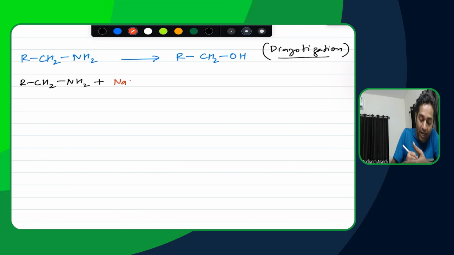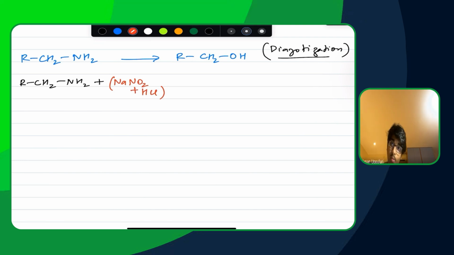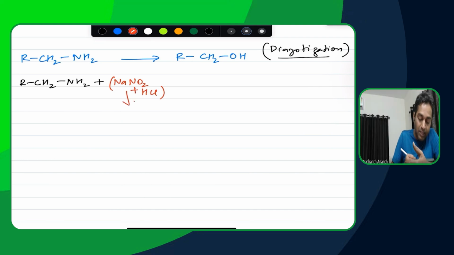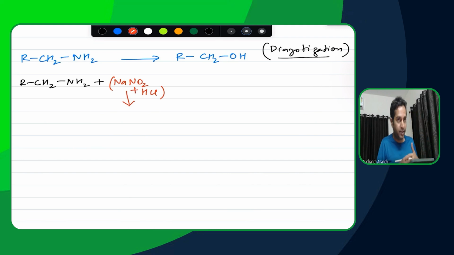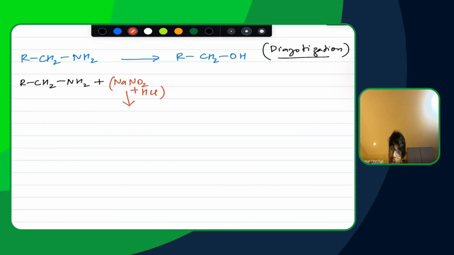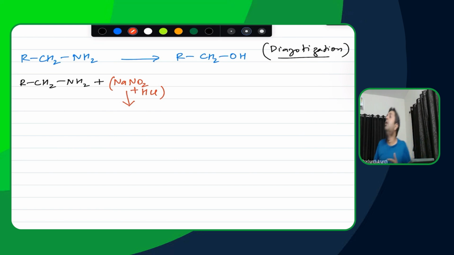You're going to be having a reaction of this compound with NaNO2 plus HCl. Let's look at what NaNO2 plus HCl really is. NaNO2 is a salt of HNO2 and NaOH. The HNO2 here is a much weaker acid compared to HCl.